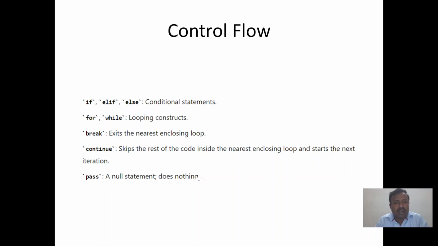The next set of keywords comes under the category called control flow. Now if you see the keywords if, elif, else, these are the what? Conditional statements category. There is another one, for, while, these are the what? Looping constructs. And the next one, break and continue, these two are used to control the loop.